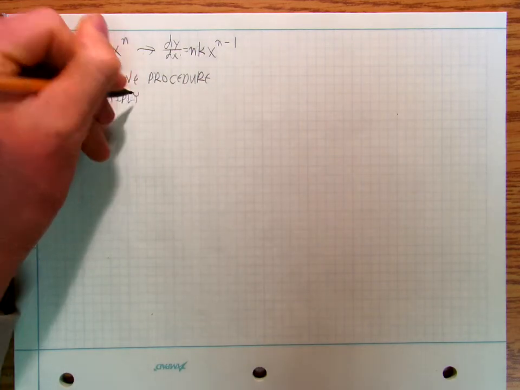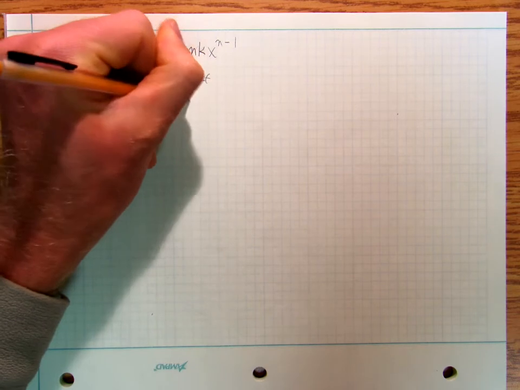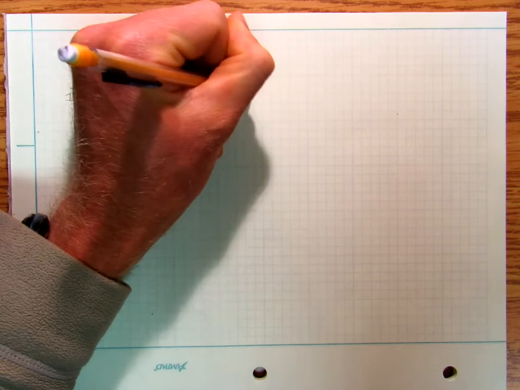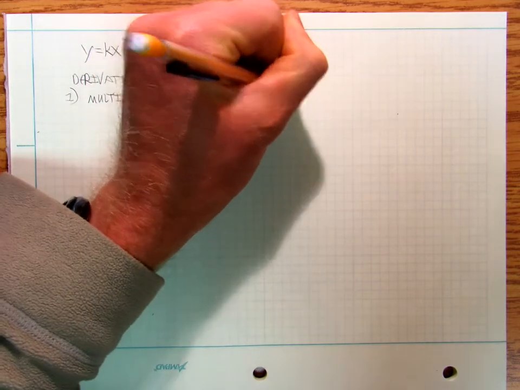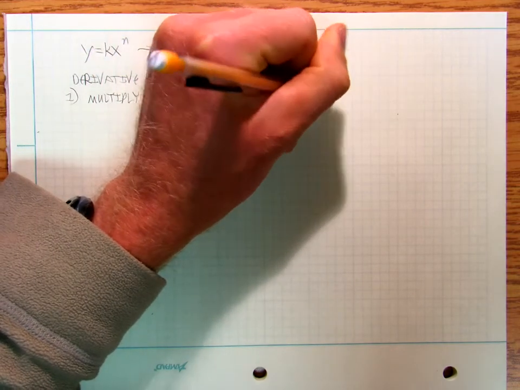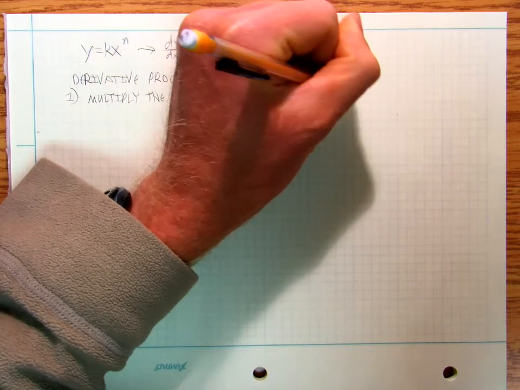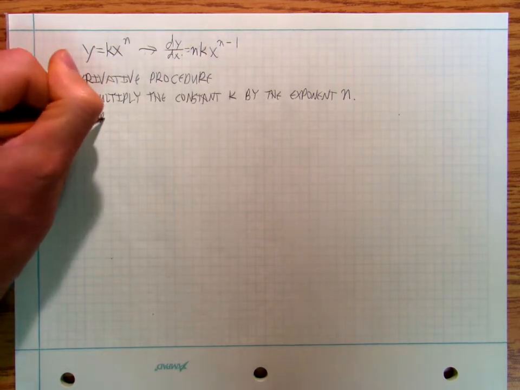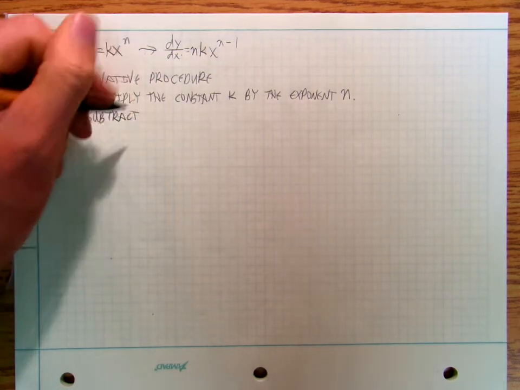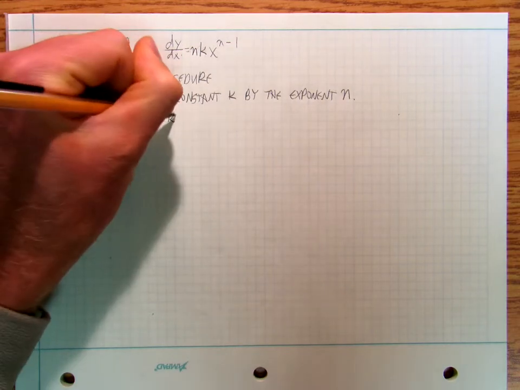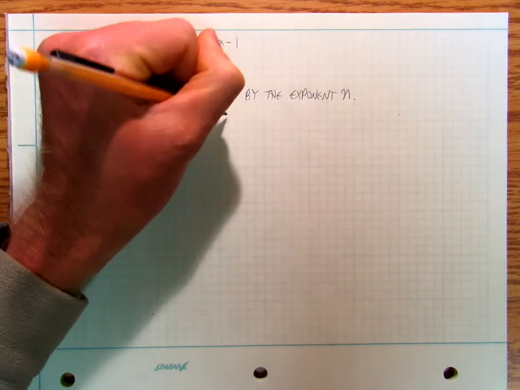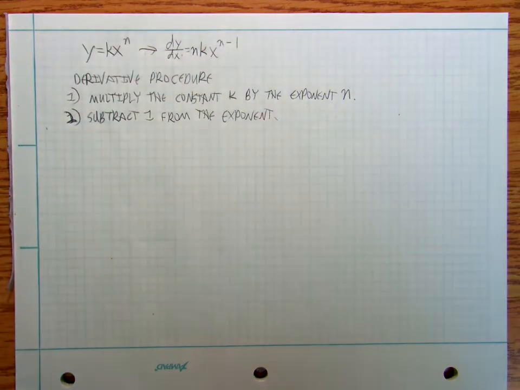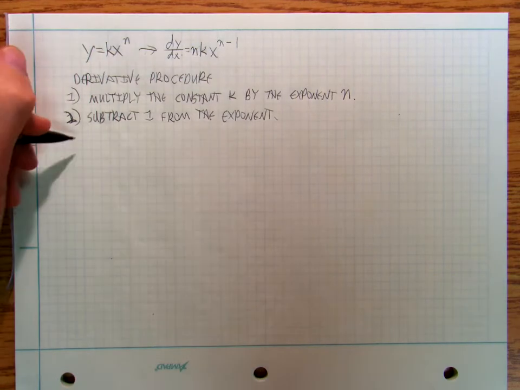Step one, multiply the constant k by the exponent n. Step two, subtract 1 from the exponent. Okay, there's my derivative procedure.